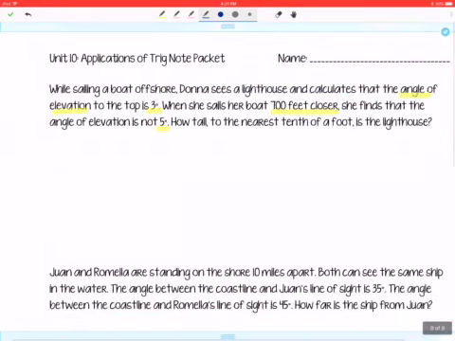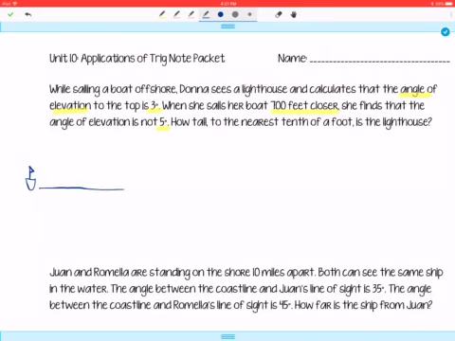If we sketch a picture, Donna's in a boat, and somewhere across the water she sees a lighthouse. Really amateur sketch of a lighthouse. We know that the original angle of elevation to the top of the lighthouse is 3 degrees.